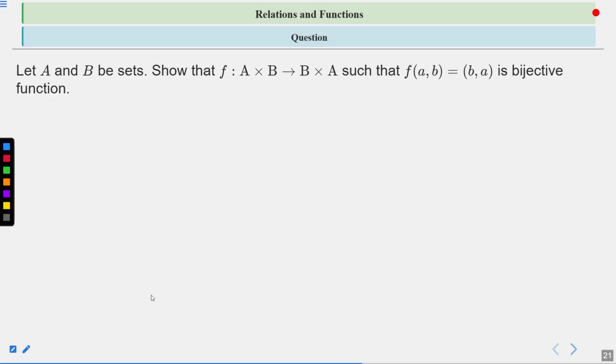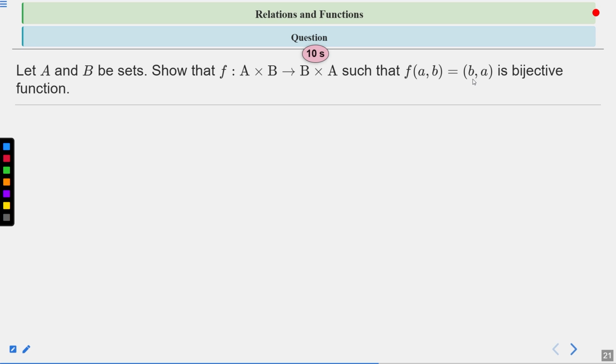Now, this question. Let A and B be two sets. Show that the function from A cross B to B cross A, such that f(a, b) is defined as (b, a), is a bijective function. You'll have some seconds to try this problem, then afterwards we will move on to the solution slide.